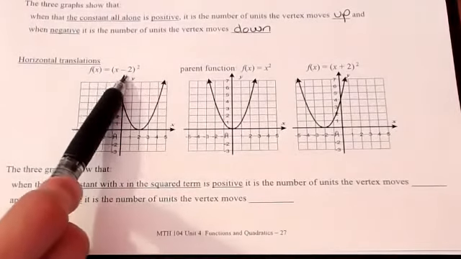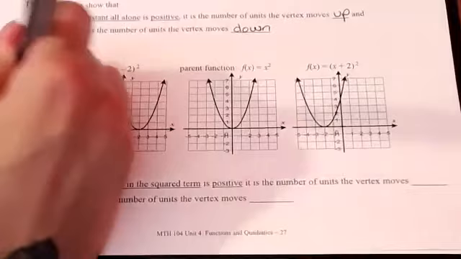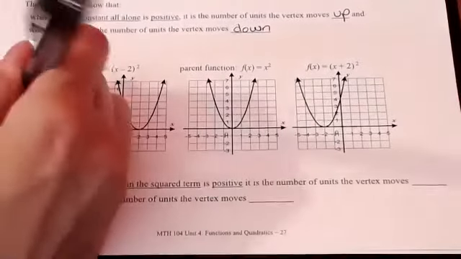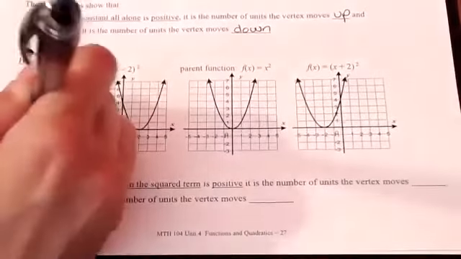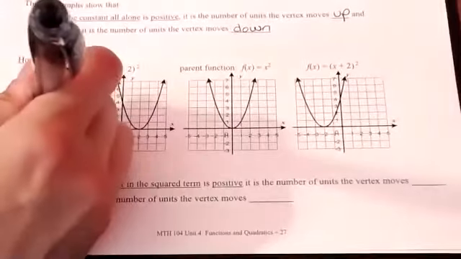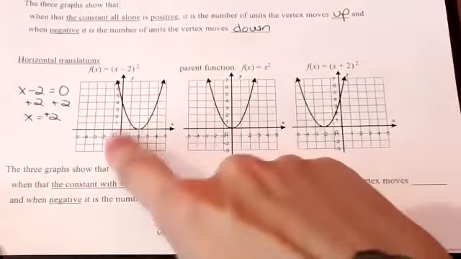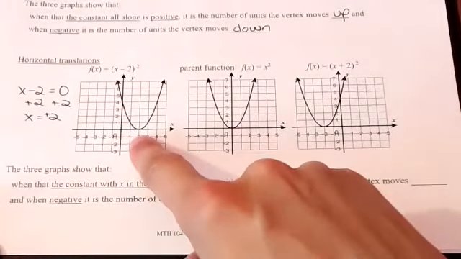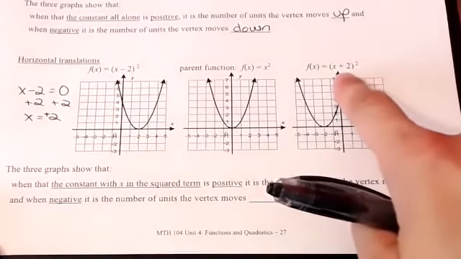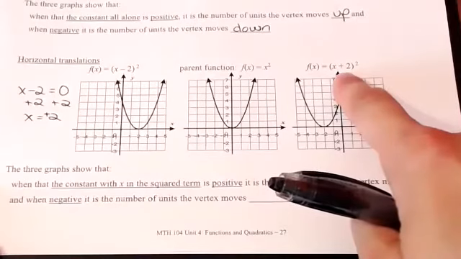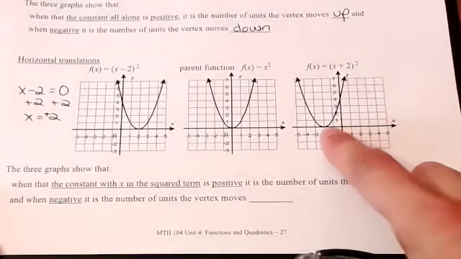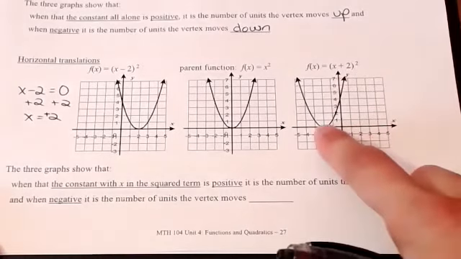Well, recall the reason for this: when you solve for the variable, we have to add, so we actually move 2 units to the right. This is a positive 2. When we have x plus 2 inside the parentheses and we solve for x, it would be a negative 2, so it's 2 units to the left. That's what's going to give us our 0.